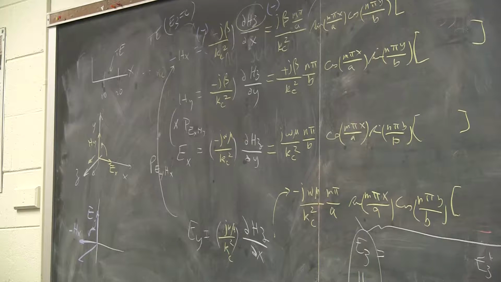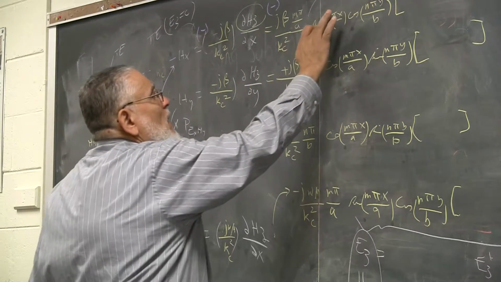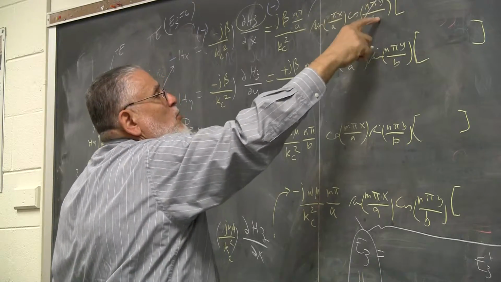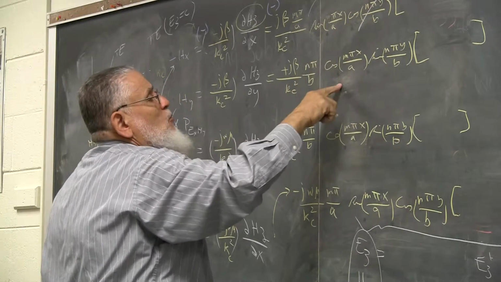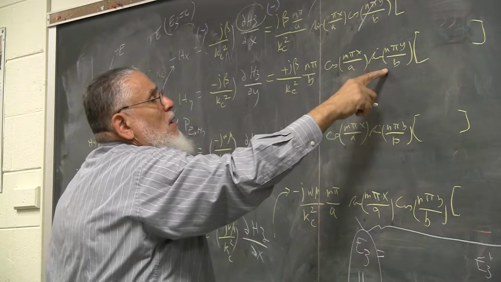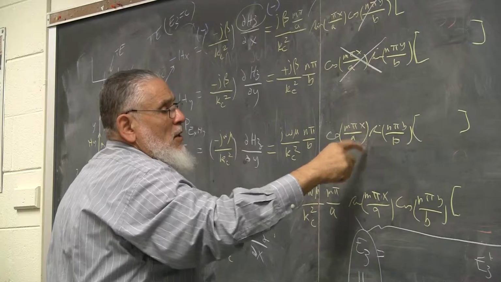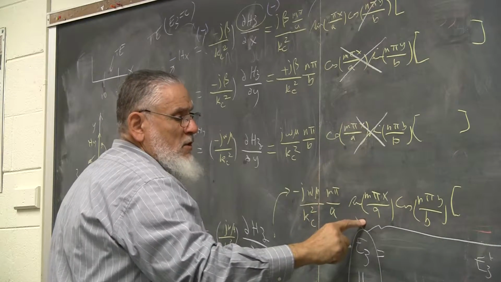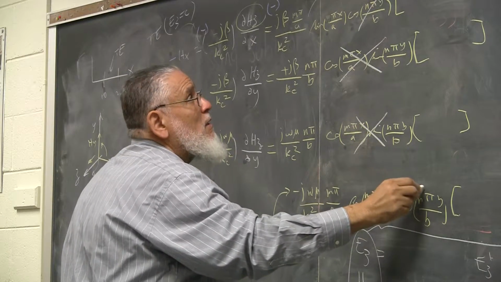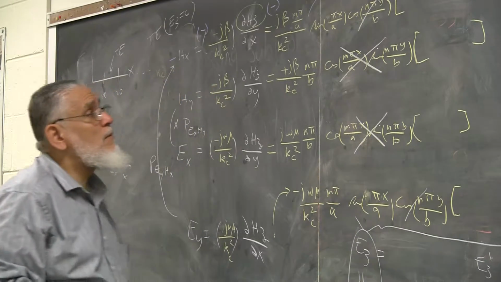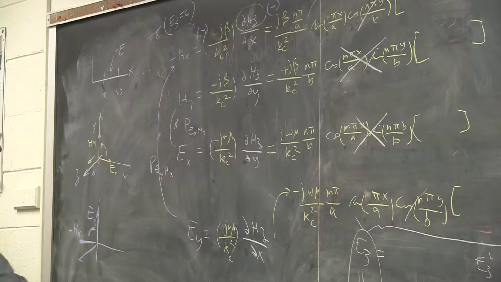For the 1, 0 mode, M is 1, so cosine of 0 is 1, right? N is 0, that goes away completely. This one survives because you have a 1 here, and the M goes away. So you only have EY and negative HX.